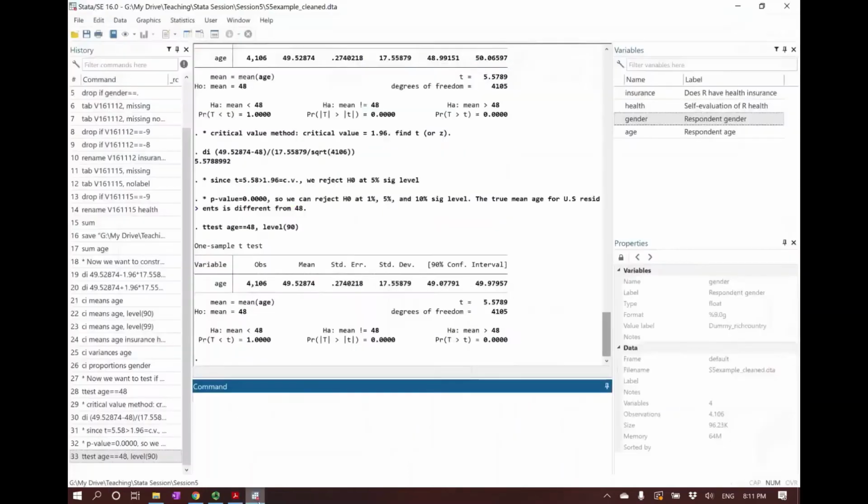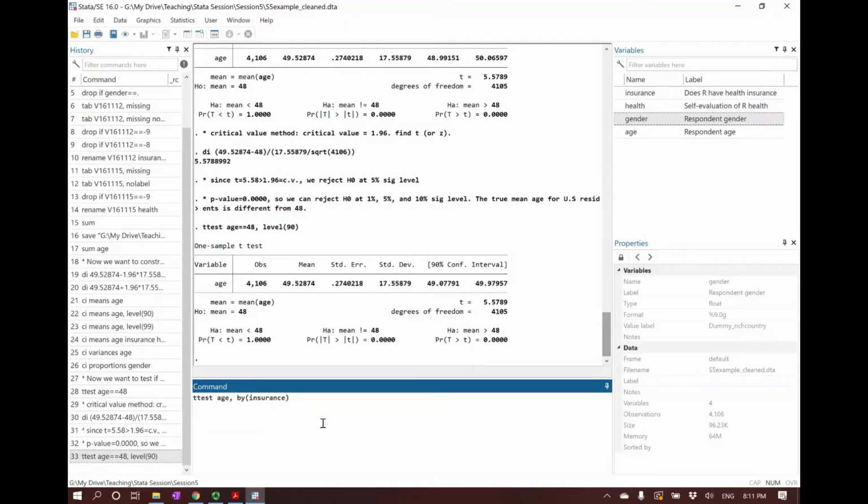Okay, so for example, now we would like to test the average mean, so t-test age by insurance. So we want to look at whether the mean age for US residents is different for those who have insurance and for those who do not have insurance.